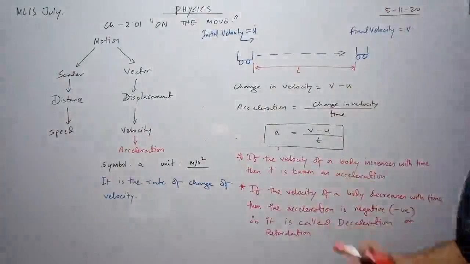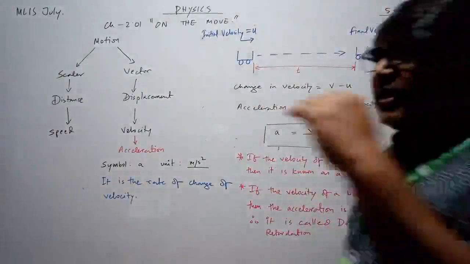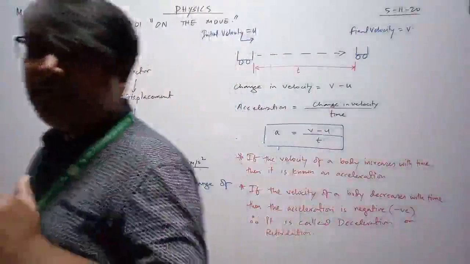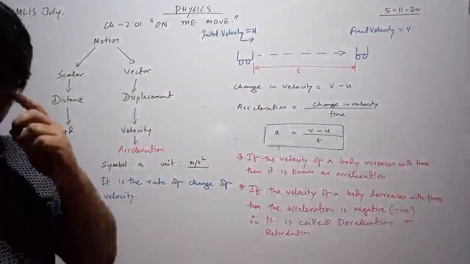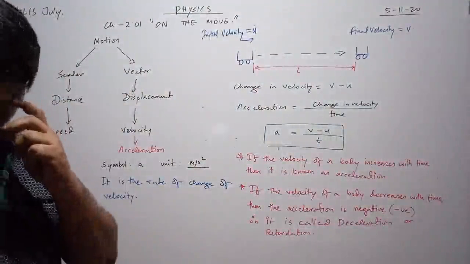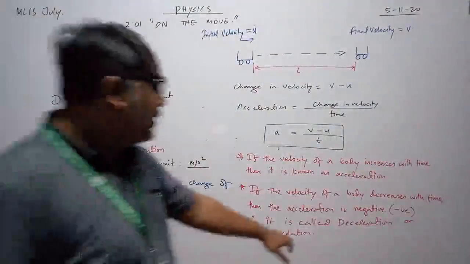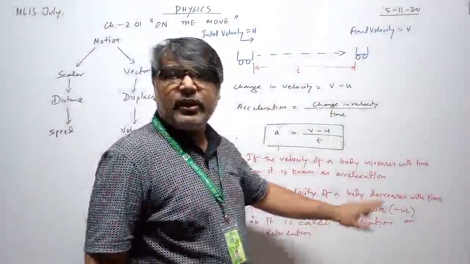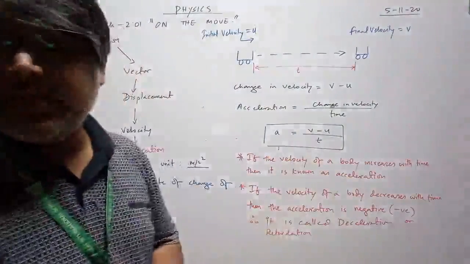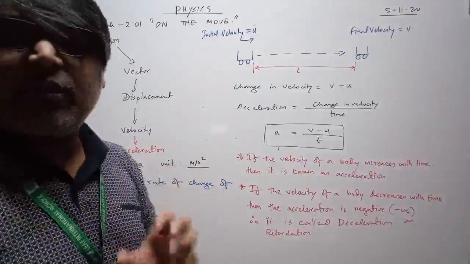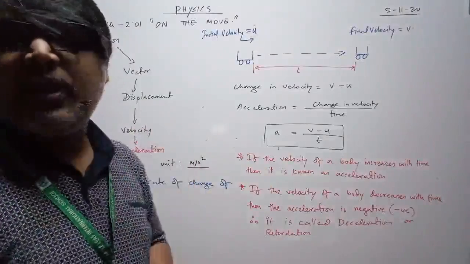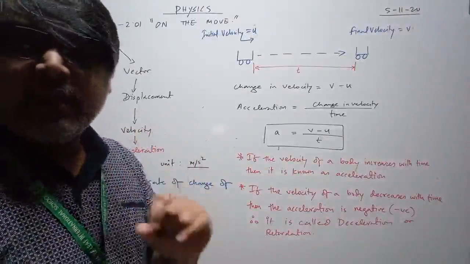If the velocity is decreasing, for example from 10 to 5, 5 to 4, 3, 2, 1, gradually decreasing, then it is called negative acceleration. Because when it is decreasing, the value we get when we calculate acceleration will be a negative value.